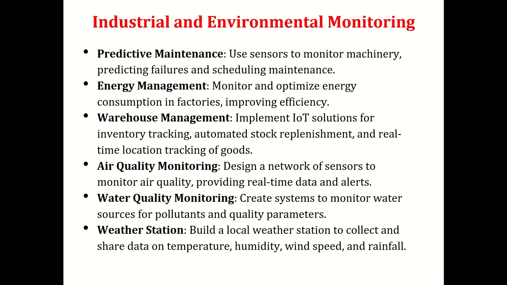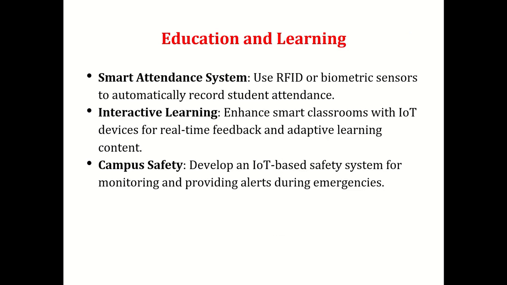So the application may be different, but sometimes the parameters may be the same, but your mathematical model may be different, because finally there will be some prediction and correction to be taken care of by using these IoT solutions.